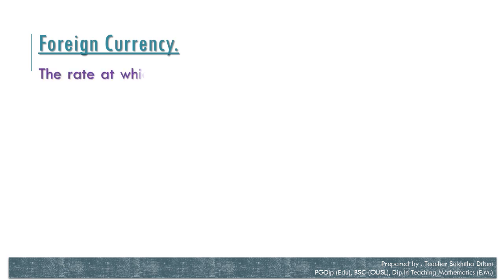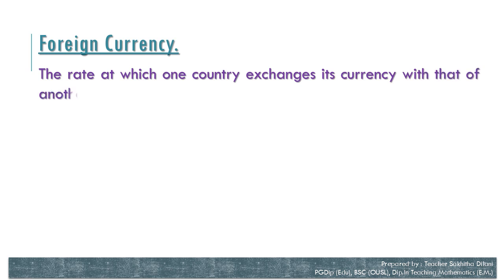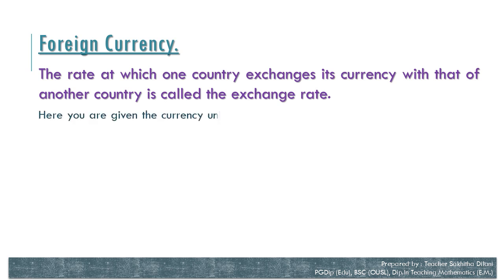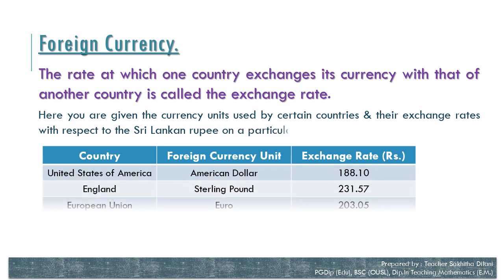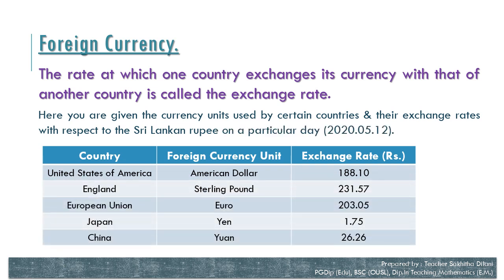The rate at which one country exchanges its currency with that of another country is called the exchange rate. You know that this is not a constant value. It increases and decreases daily due to various reasons. Here you are given the currency units used by certain countries and their exchange rates with respect to the Sri Lankan rupee on a particular day. Study this table.